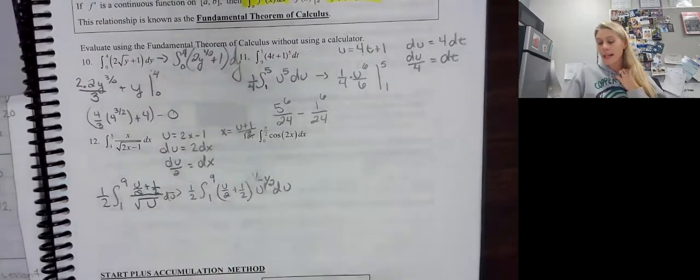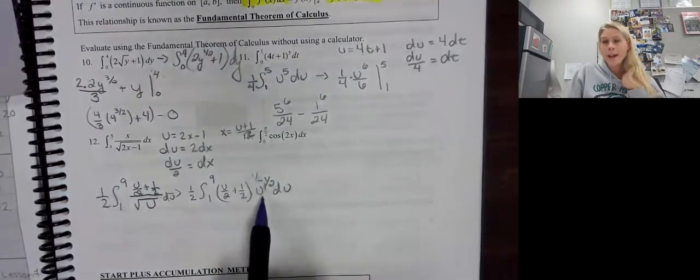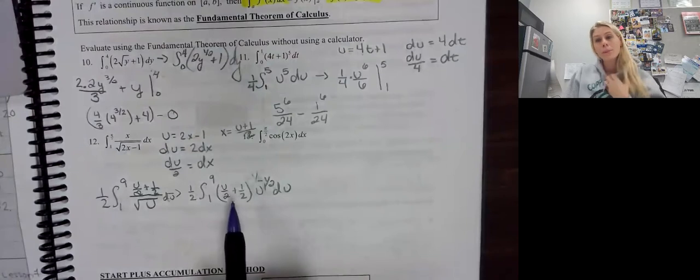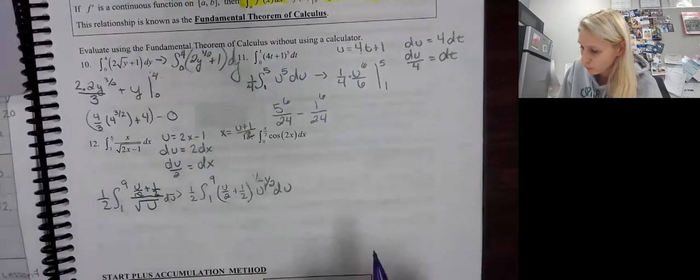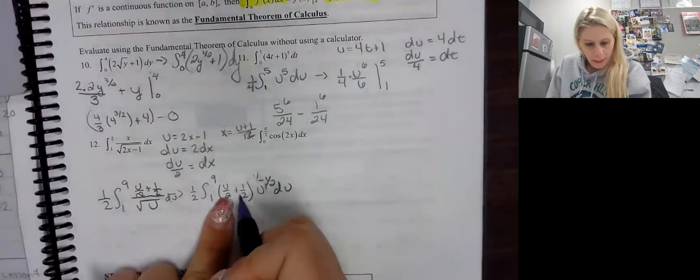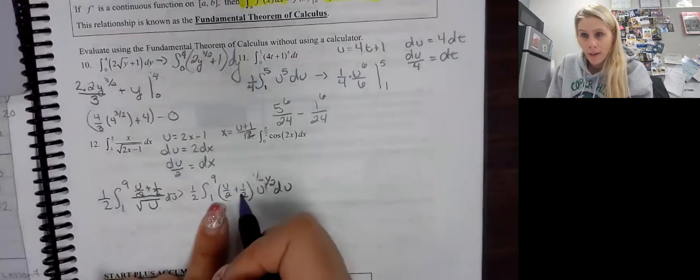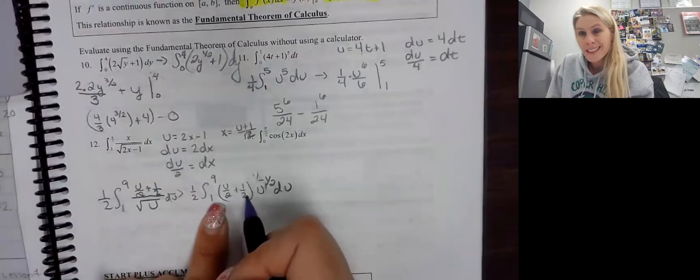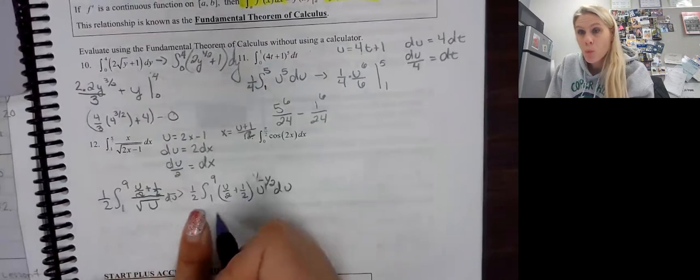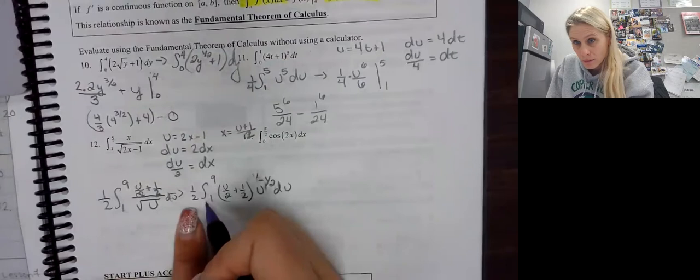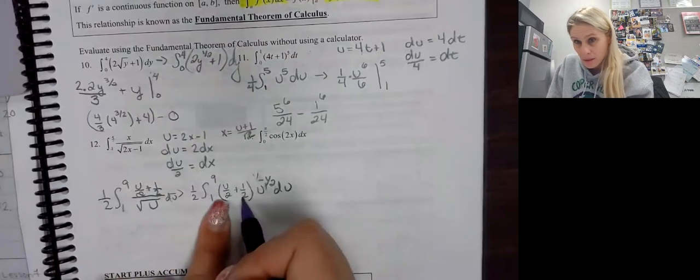Okay, can't take the integral yet because remember I have to multiply that out, distribute it out to be able to use the power rule. But one of the things I want you guys to see here is this both has a 1/2 here, right? So I can actually stick another 1/2 out front. You guys see that?